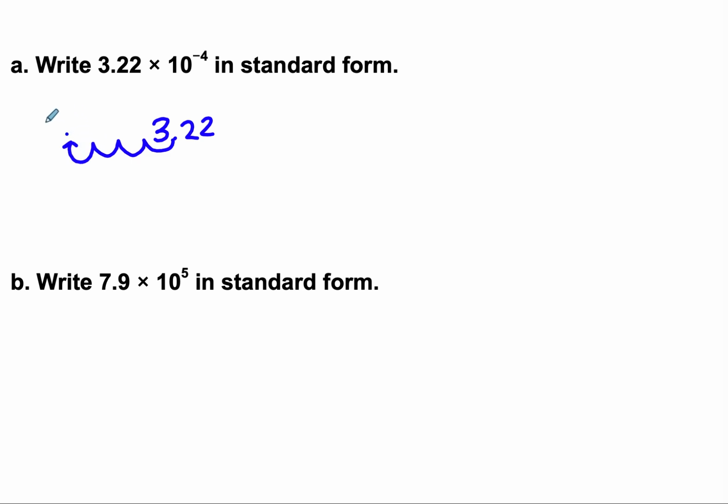Okay, now I've got to put in some placeholder zeros. So I'm going to put a 0 in the front. There's my decimal. Then I need 3 placeholder zeros. So my standard form number is 0.000322.